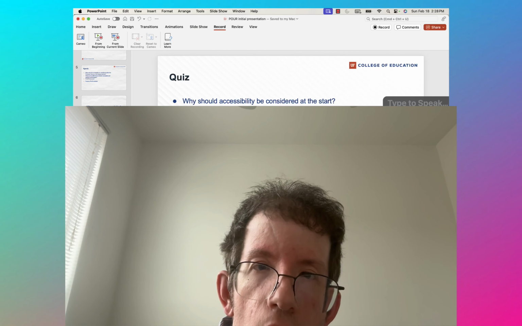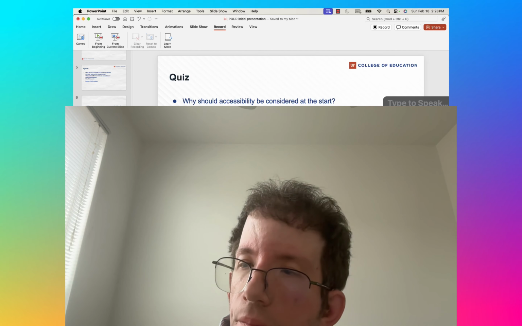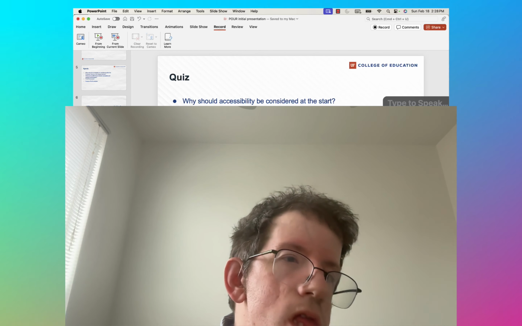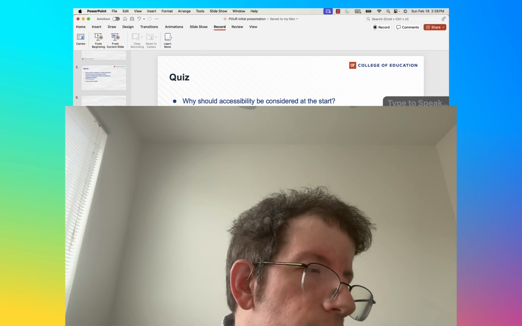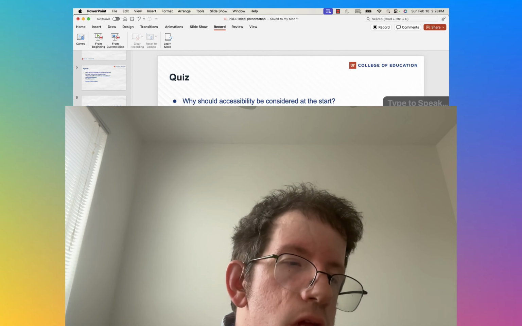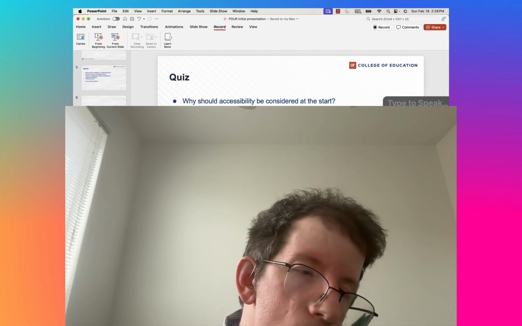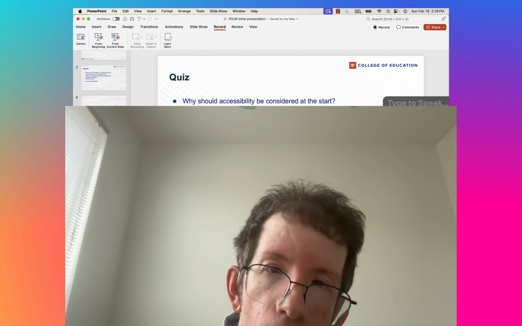Let's check our knowledge. Why should accessibility be considered at the start? A. There's less need to retrofit. B. Because it is legally required. C. For creative purposes. Or D. Because it is more efficient. The correct answer is A. Less need to retrofit.